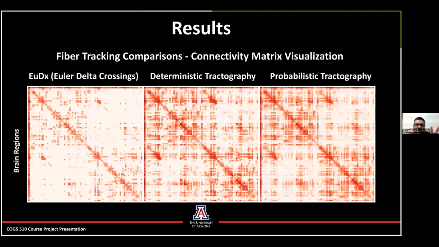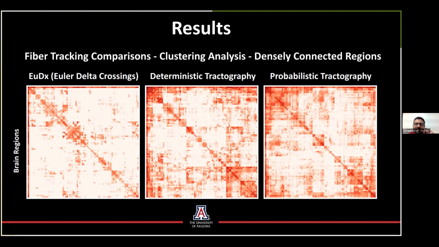So you can see this is the order of the brain regions, the same as the labels in the label file, region 1 to region 88, but this clustering analysis is different. It would just cluster the most densely connected regions together.